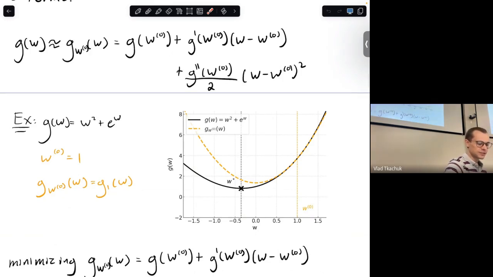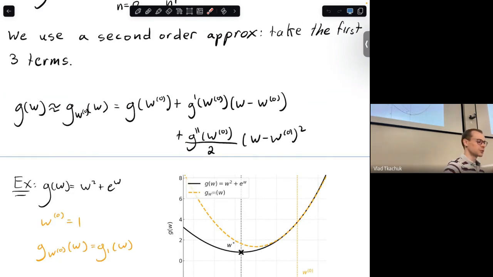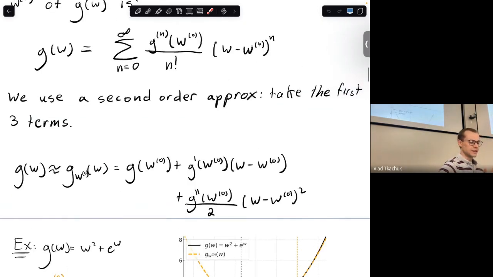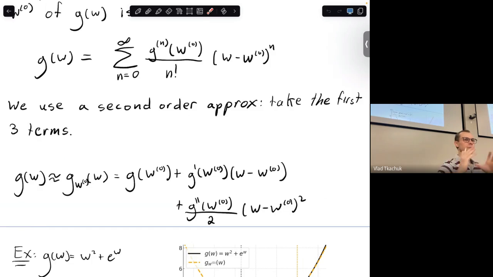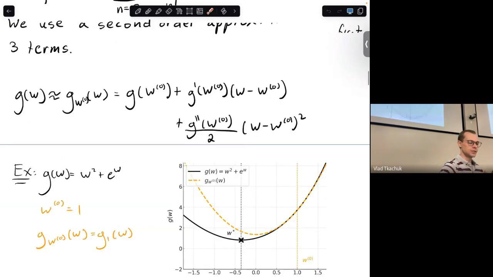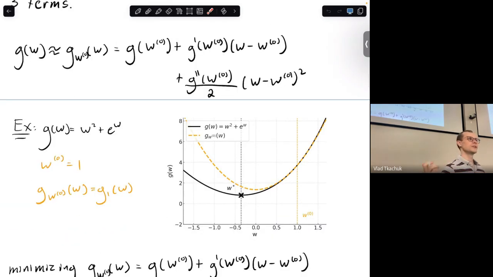Visually, this shows what the approximation of the function looks like. Black is the original function we want to approximate, and orange is our approximation. Another important thing is that you always have to choose a point at which you're approximating. For this second order Taylor approximation, we chose to approximate at W naught. This is going to be very important. At the point at which you're approximating, the approximation is quite good, and further away, it's not as good.